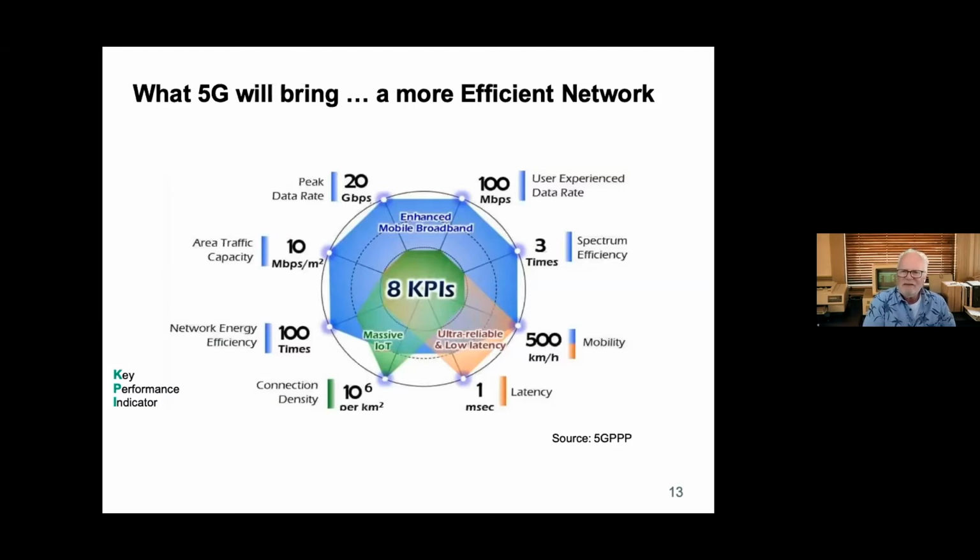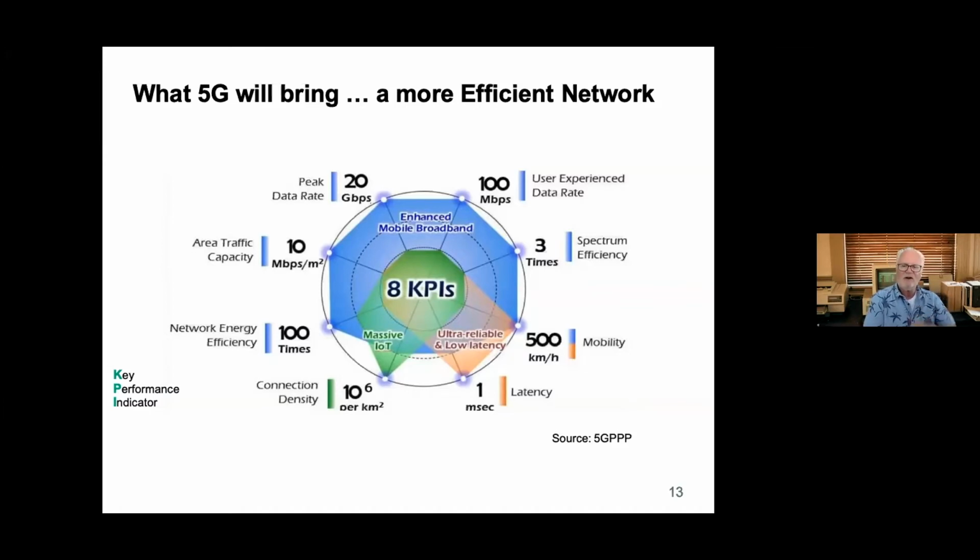So this whole 5G is going to bring a whole other level of simplicity and efficiency to this network right now. Talking 20 gigabits per second, lots of traffic capacity. It's very highly efficient with regards to energy, so energy costs, fuel costs will be down. High density as far as connectivity goes. Very, very low latency, along with 500 kilometers per hour connectivity.